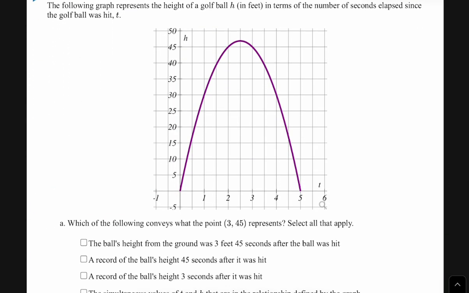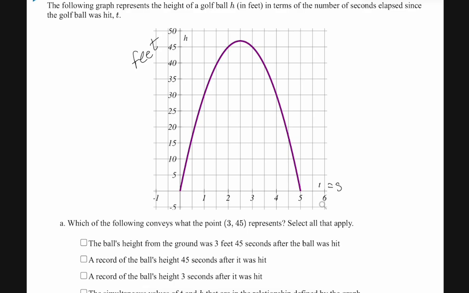And let's look at the golf ball question. Okay. So the following graph represents the height of a golf ball in feet. So I'm going to put feet over here to remind me what they told me. And in terms of the number of seconds, see how that in terms of, that means that's our x, or our independent variable.